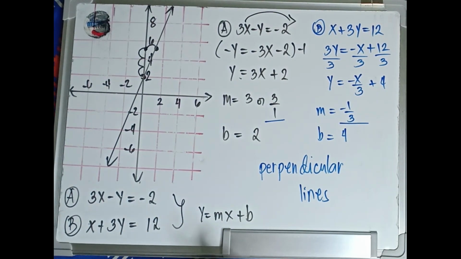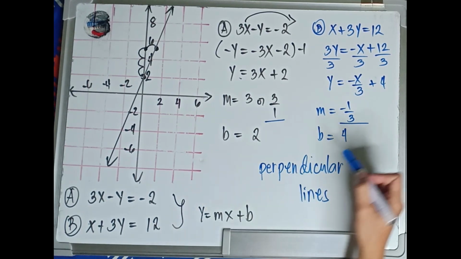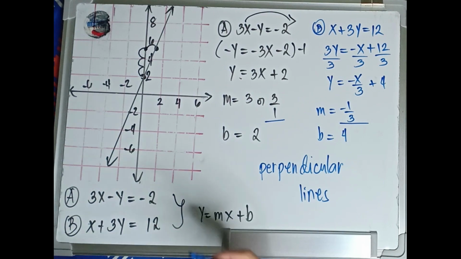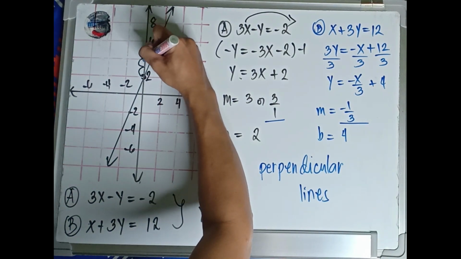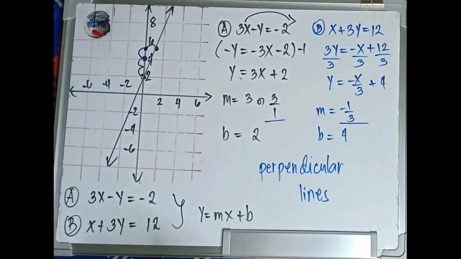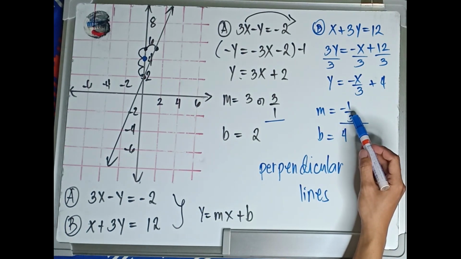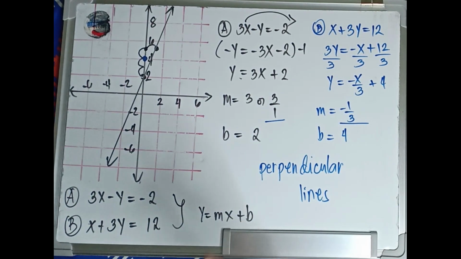And now, let us graph equation B. Our y-intercept is positive 4, and our slope is negative 1 over 3. So we have negative 1 as our rise, so we move downward once.